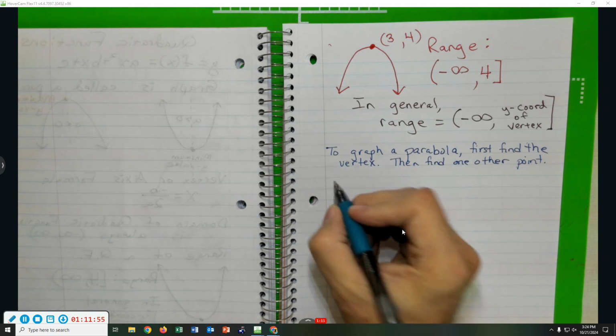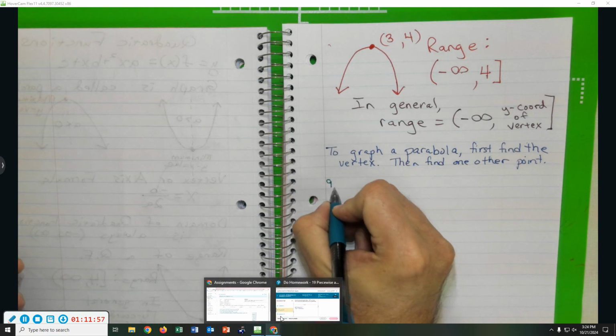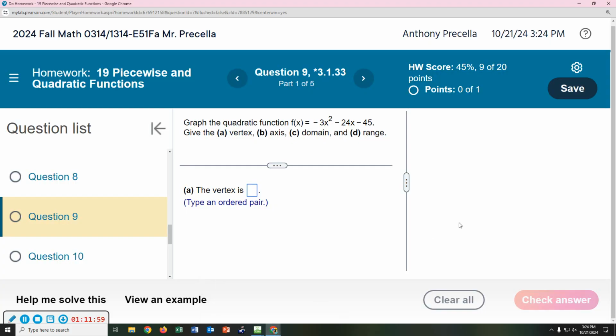So let me write down number 9. f of x equals negative 3x squared. Already, I know how this thing is going to be opening, up or down. I'll discuss that in a moment. I can picture this graph in my head, the general shape.